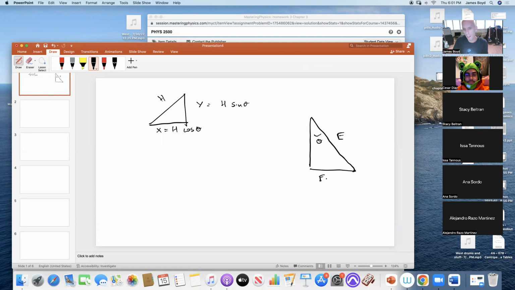E to the X is actually going to be E sine of theta, and E to the Y is going down. So this one will go that way, and this one will be E to the Y, which will be negative E cosine. Hopefully that makes sense to everybody.